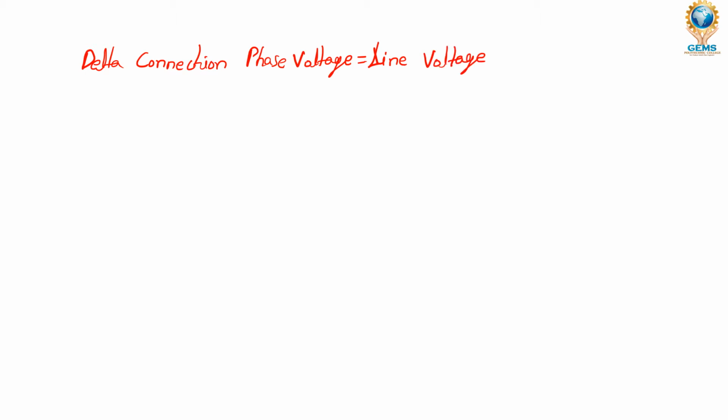Phase voltage equals line voltage. So V phase equals VL, that is 400 equals 400. First, if we see line voltage, this is the V phase equals VL, and he's asking us to calculate the I phase.